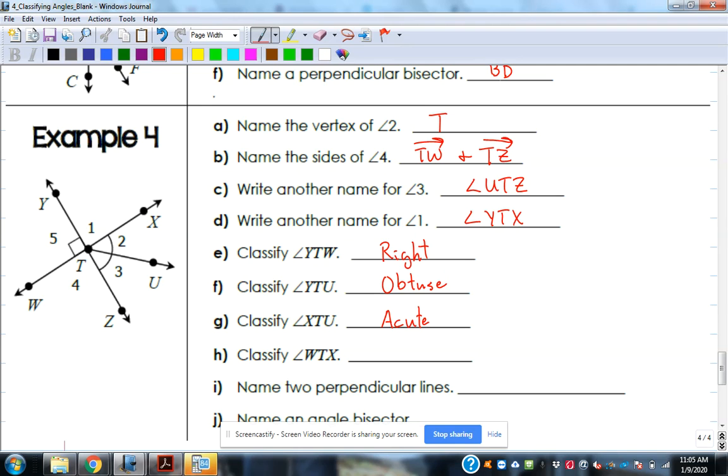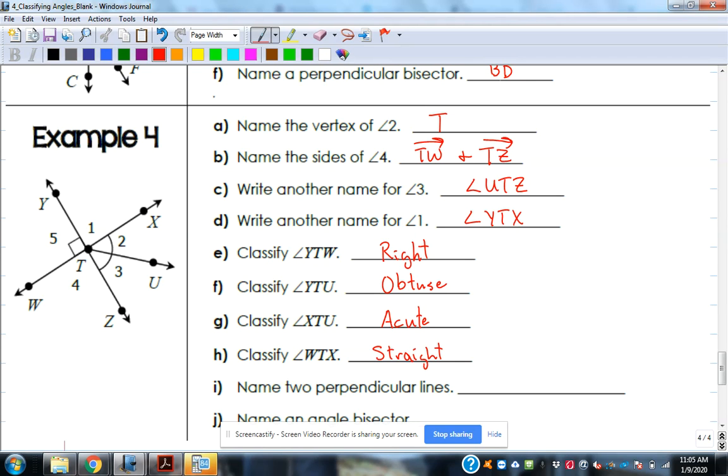WTX. Straight. Is it obtuse? Technically, yes, but which one is the more descriptive answer? Straight. Okay. Yes, it is obtuse, but that's not the fully correct answer. It should be straight there.